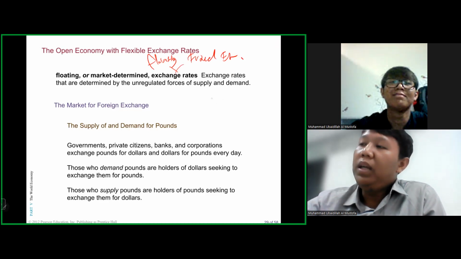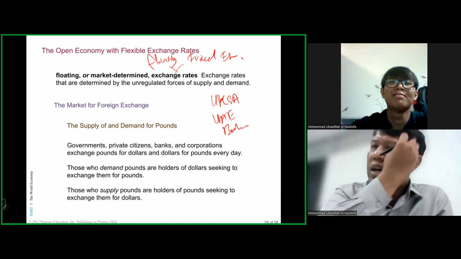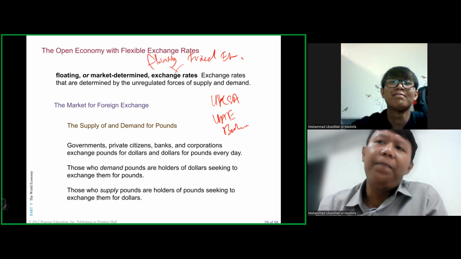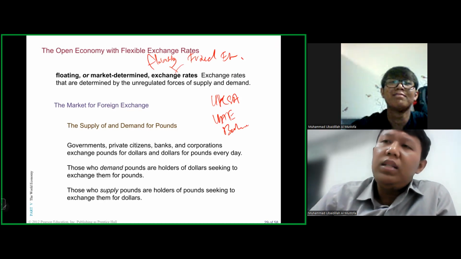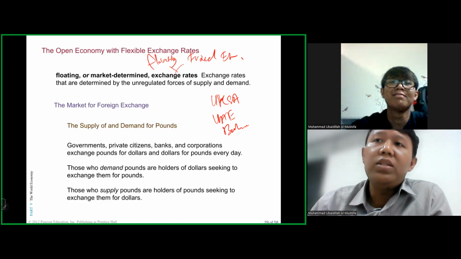For example, the Kingdom of Saudi Arabia, KSA, the United Arab Emirates, Bahrain. These are usually countries located in the Gulf region. These are the countries that fix their currency to the US dollar.